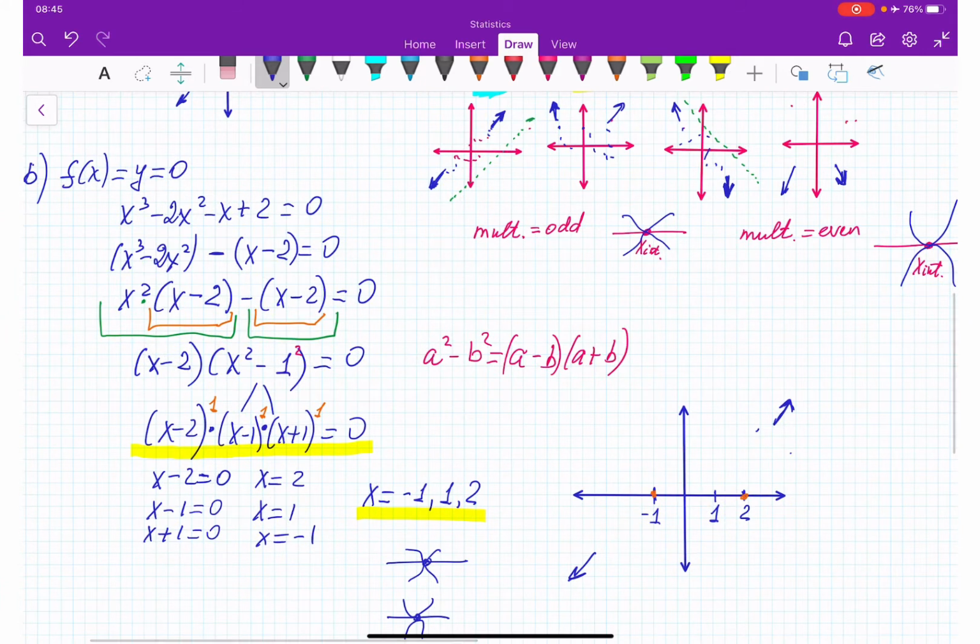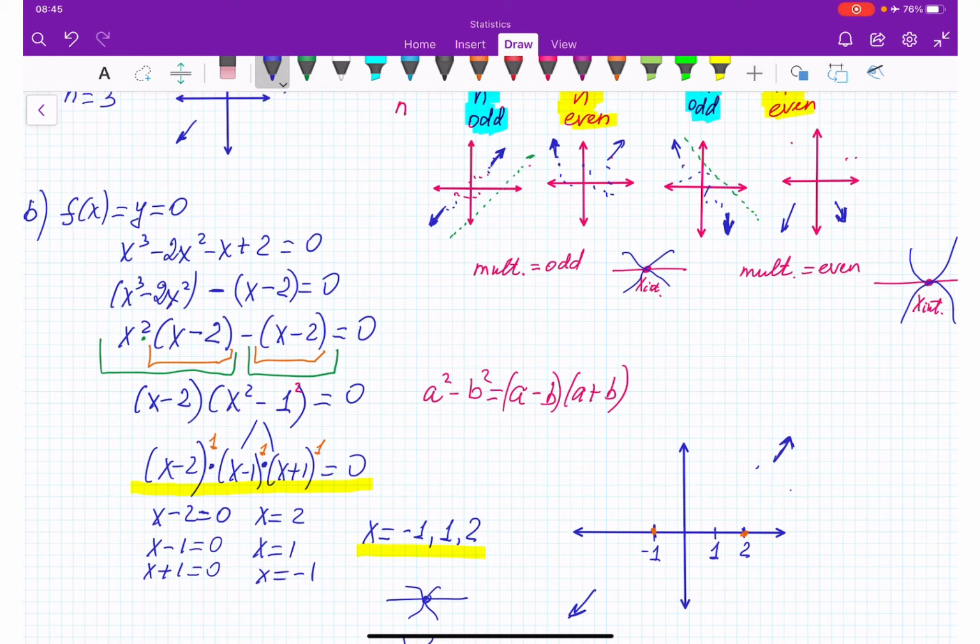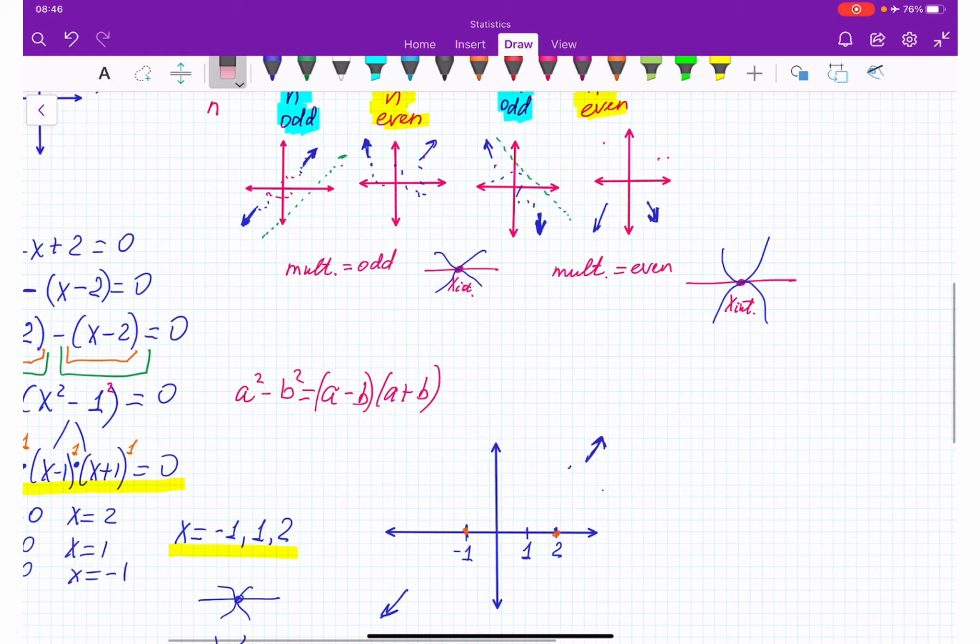Now, if it's odd, we would have an example here, let's say x minus 3 to the power 3 or to the power 5, or to the power 1, which I won't have any power written in there, right? And if it's even, it can be, let's say, x plus 2 with degree 2, or degree 4, or degree 6, as long as it's even.